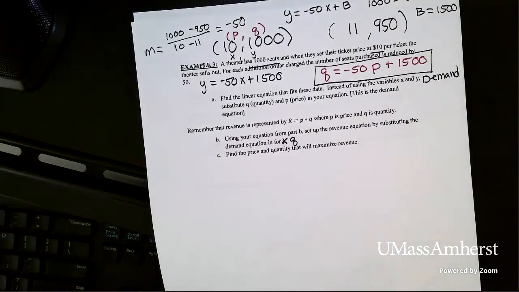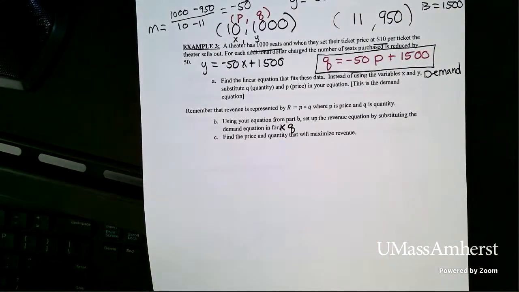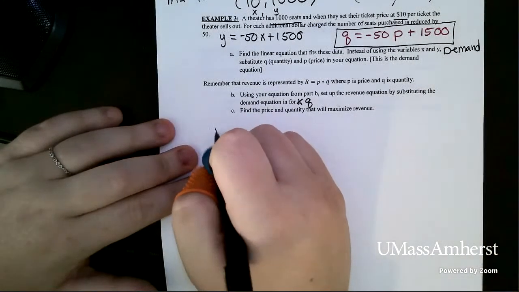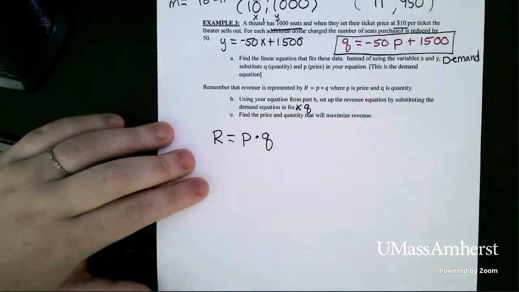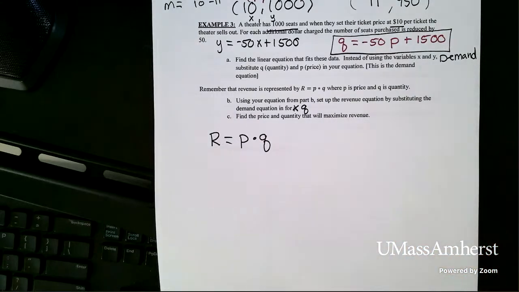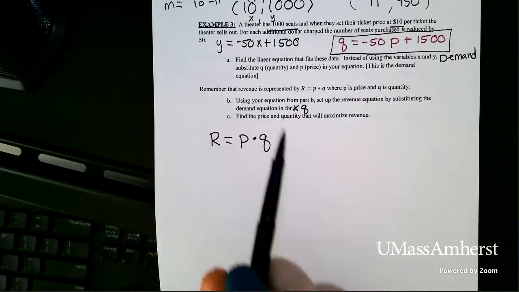Okay, so for part B, now we need to set up a revenue function that incorporates the fact that both P and Q are variables, right? So revenue equals price times quantity. Now price can vary and quantity can vary, which means that technically right now, this is a 2-variable equation.